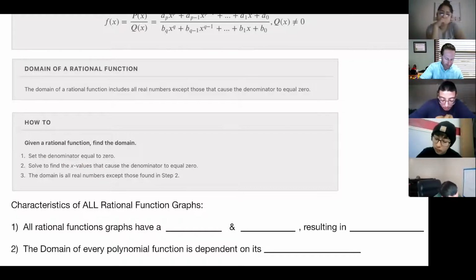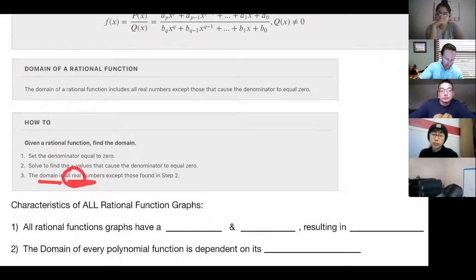So that's what step 2 says to do, is to find those X values that cause that denominator equal 0. So in reality, you don't need both of these steps. You just need one of them, right? You're going to set it equal to 0 and then find what would give you a 0. And then that would be your domain. Everything, all real numbers except those values.